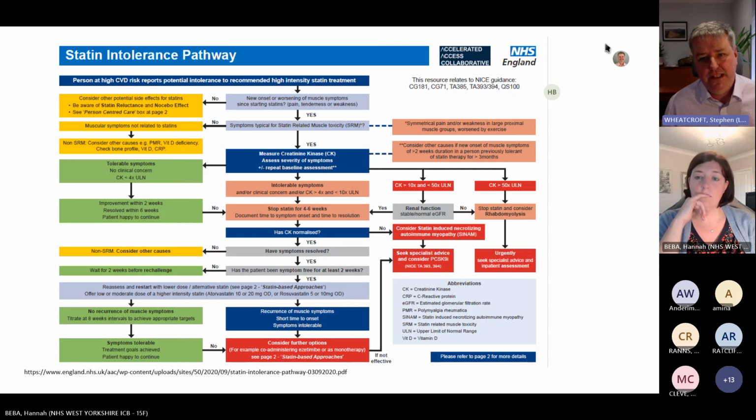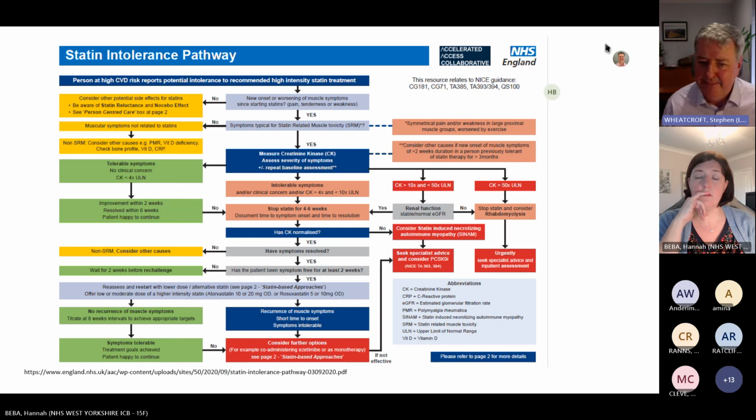I'll point you towards this pathway from the Accelerated Access Collaborative. This is easily accessible online, and if you just Google Accelerated Access Collaborative statin intolerance, this will pop up. Again, this is underutilized. It gives us a strategy to manage statin intolerance, and it comes back to the question really to discuss that: is the patient truly statin intolerant?